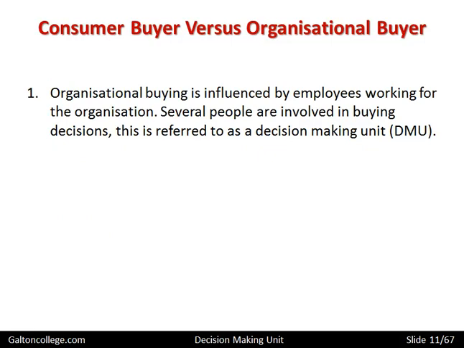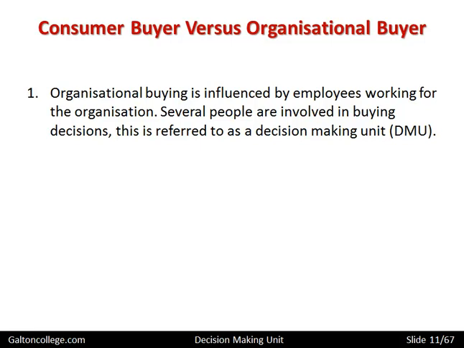Organizational buying is influenced by employees working for the organization. Several people may be involved in the buying decisions, and this is referred to as the decision-making unit. So the purchase of a large piece of capital equipment may involve many people. It may involve the production staff, the product design staff, the marketing people who know what the market is likely to be in the future and whether it's worthwhile investing in this piece of capital.